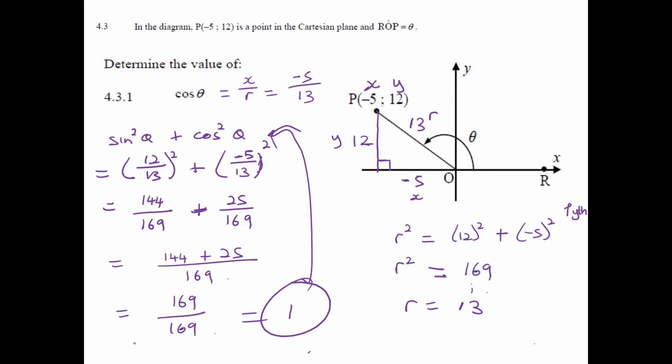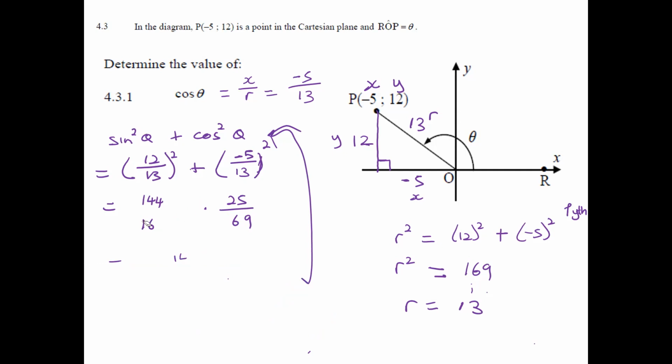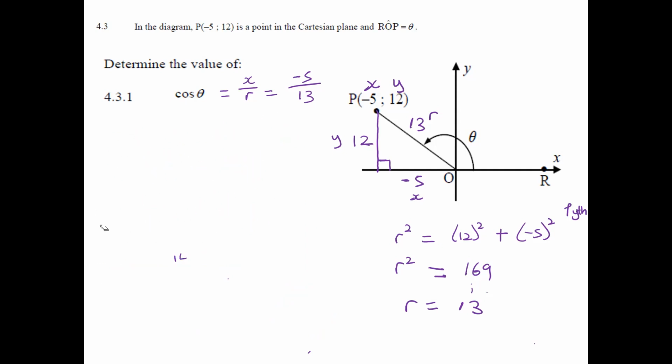Thank you, sir. So this is what a question would look like if they told you to do that. Good question. If they wanted you to find the angle, then your question will read as follows. It will say, like in 4.32, find theta to 1 decimal place.